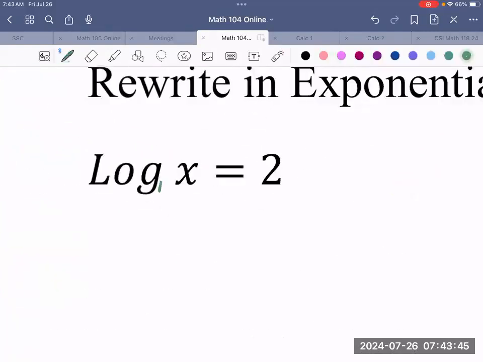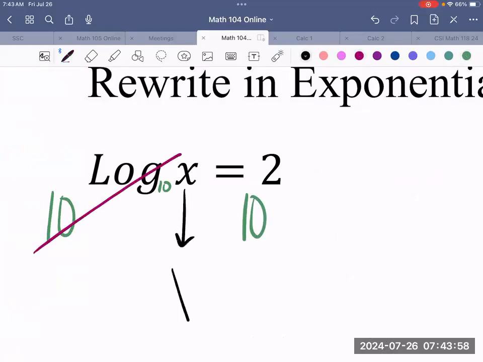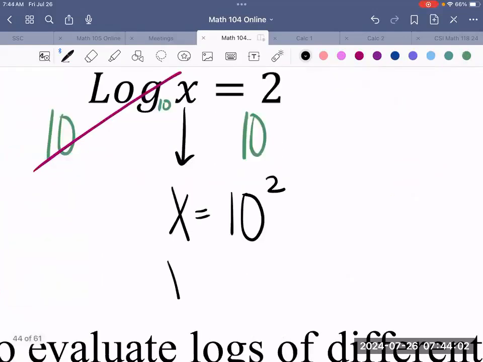So we can write a hidden 10 here. And what we do to one side, we do to the other. This allows us to cancel on one side. x can drop. So x is equal to 10 squared. So x is equal to 100.